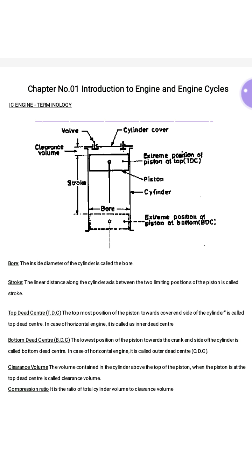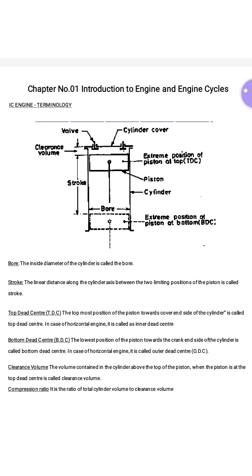Stroke is the linear distance along the cylinder axis between the two limiting positions of the piston. That is, the distance between top dead center and bottom dead center is called the stroke or stroke length of the cylinder.